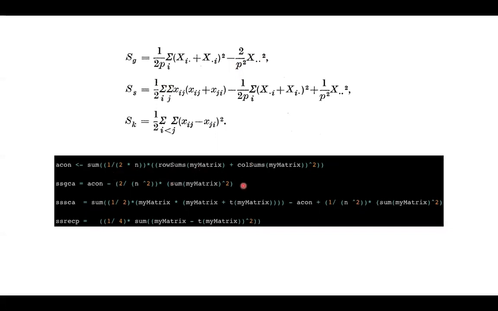But I just want to emphasize that this first example that I'll be showing you will be literally the model that Griffing presented in 1956. The same thing for specific combining abilities and the reciprocal.